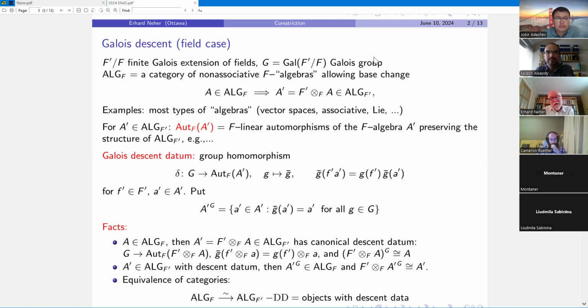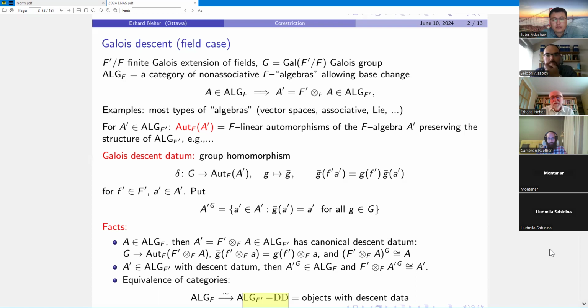Well, if you have a different descent datum, it will give you a priori a different algebra over F. So in this category of algebras over F prime with descent data, the morphisms not only preserve the algebra structure over F prime, but they also preserve in a canonical way the descent data.